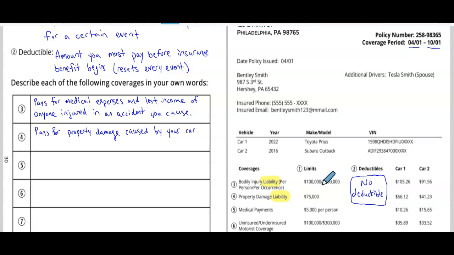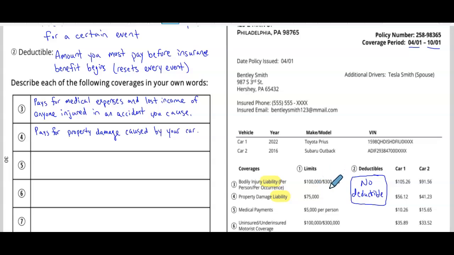This 100, 300 here, it says per person per occurrence. So if you were to get in an accident and cause physical damage to people, like you injure them, and let's say that there are 2 people in the other car. Well, this is going to pay $100,000 per person up to $300,000 per accident.